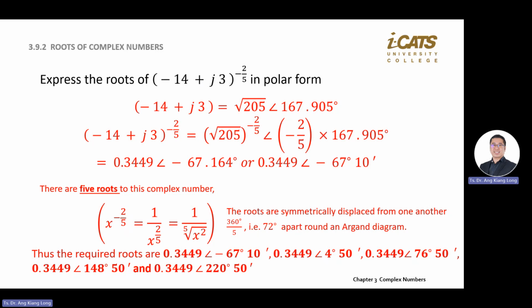Then the third one is 148. You should show me like this, 148. And then 220, and so on.